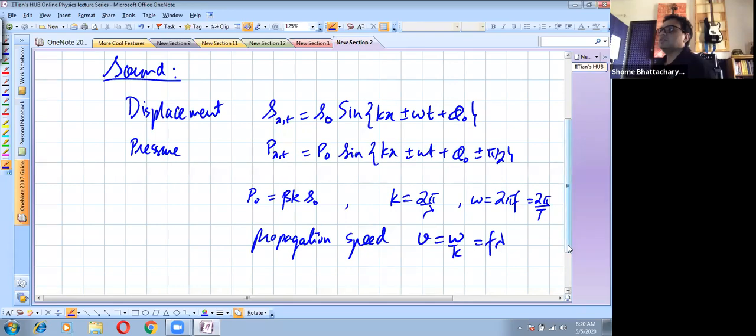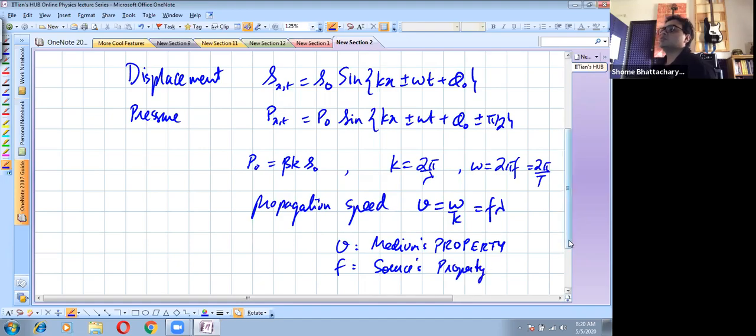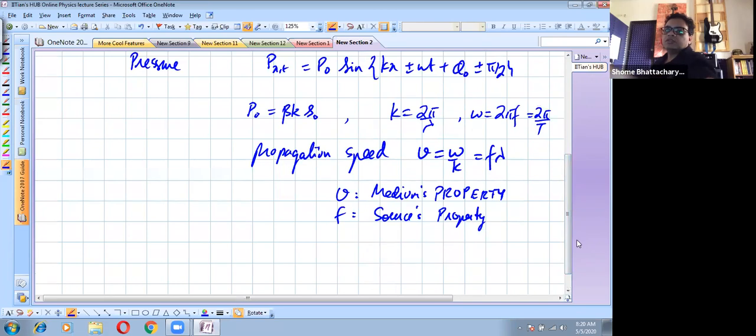And we have that same relationship that the wave speed v depends on medium. Frequency is the source property. And therefore lambda is affected by v. So these were the common properties that we saw.